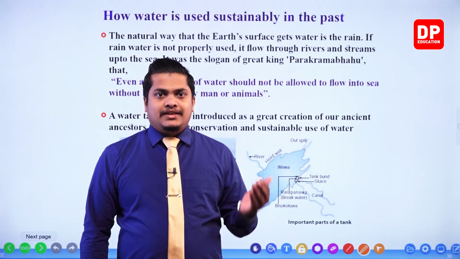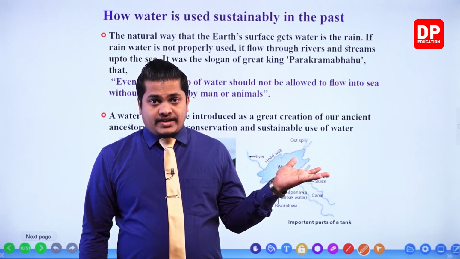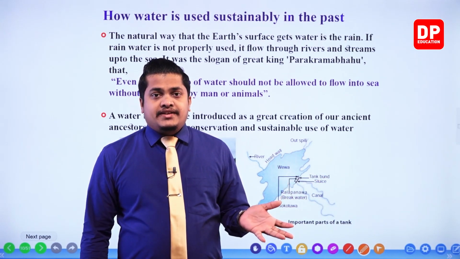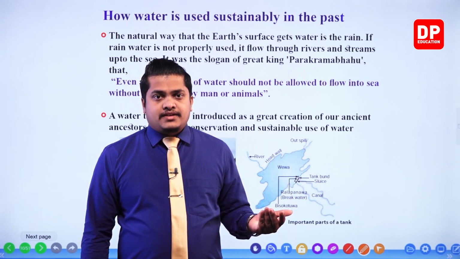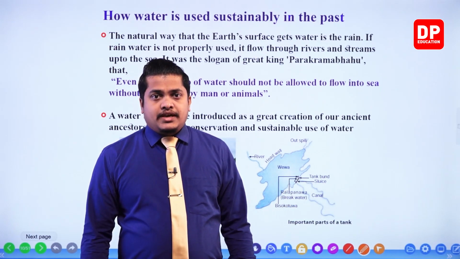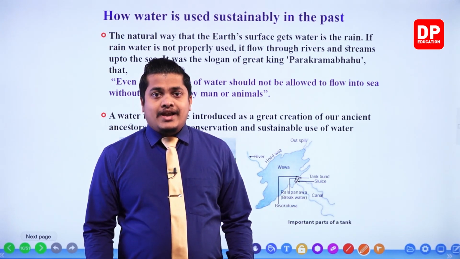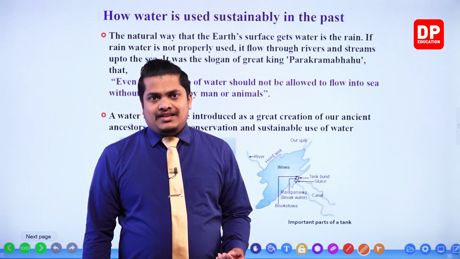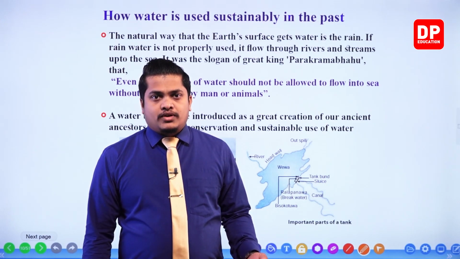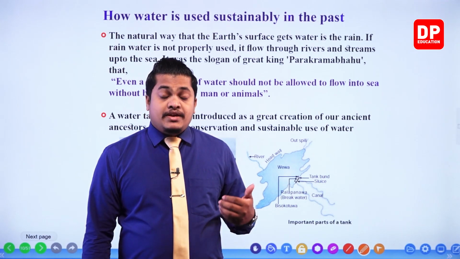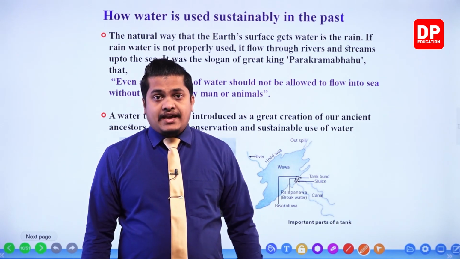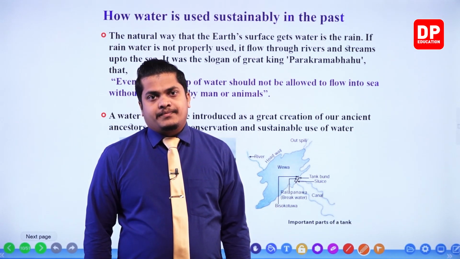That's why even in the upcountry, like in the dry zone, several kings created different kinds of tanks and other reservoirs in order to protect and conserve water, my dear children. Because in the dry zone, the rain is less, so they have to utilize the water quite well. So in utilizing these water resources, they built tanks and other reservoirs.